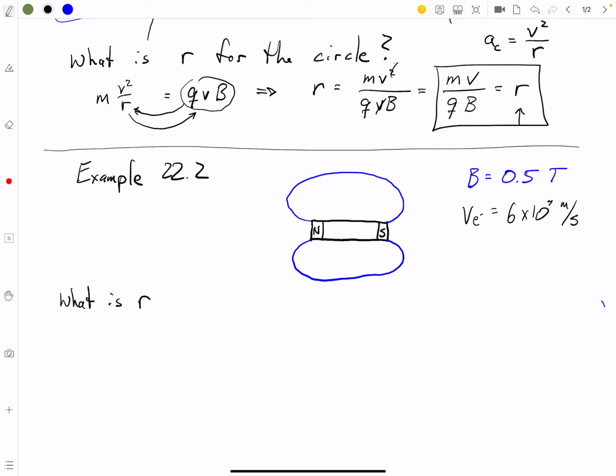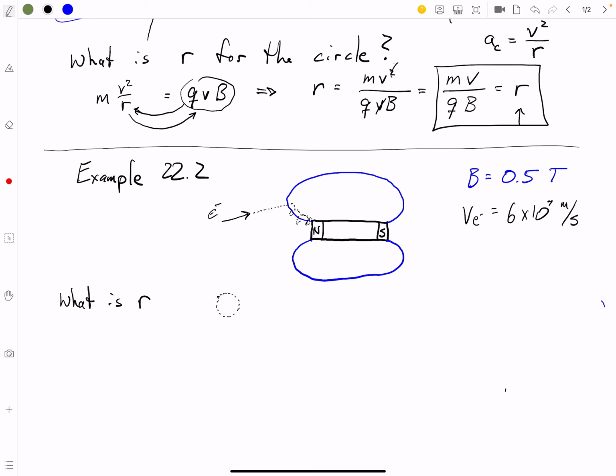What really is going to happen is this electron is going to come on in there, go like this and get wrapped up in this field. And the radius that I'm talking about is the radius of curvature as it wraps itself around that field.